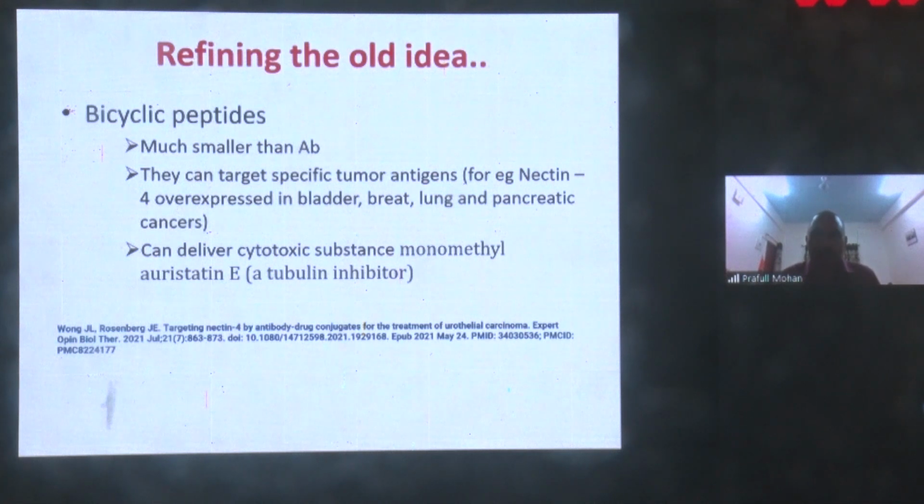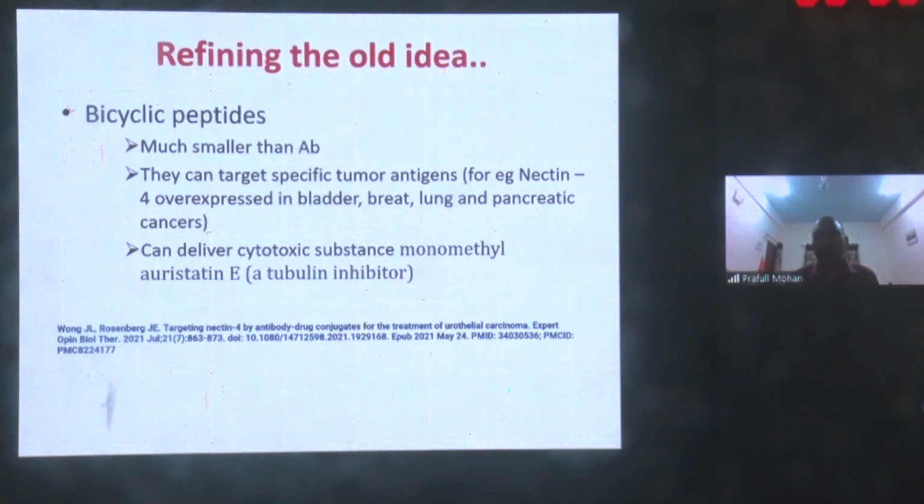Now, another refinement of the old idea. We all know that antibody drug conjugates were a very widely studied arena about 10-15 years back. But because of the large size of the antibodies, a lot of them did not find success.